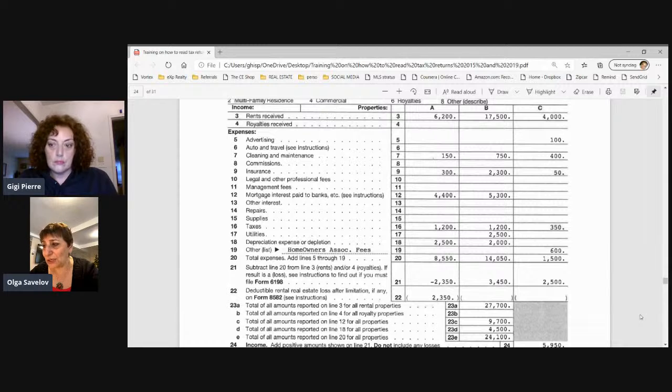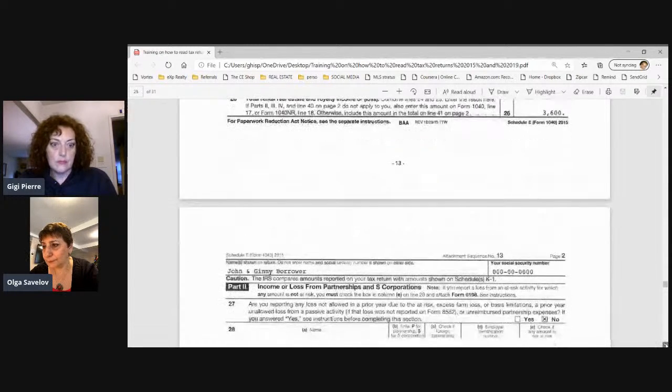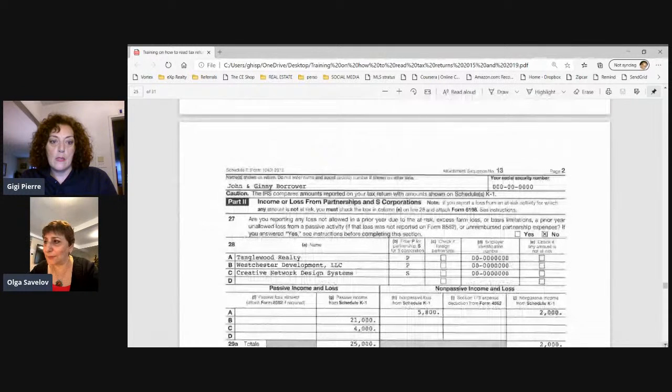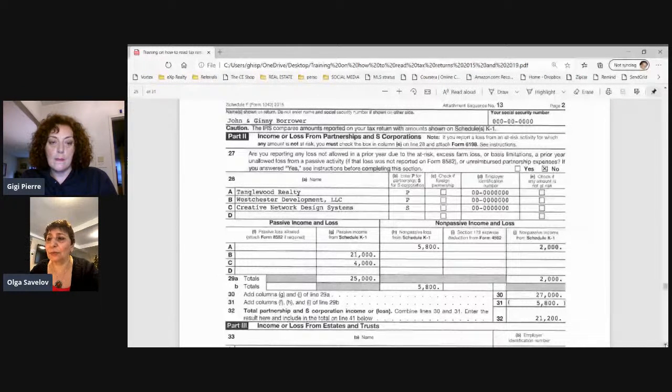So let's go to page 25. Now, page 25 recaps not the rental income, but the businesses. On this particular one, it recaps partnership.